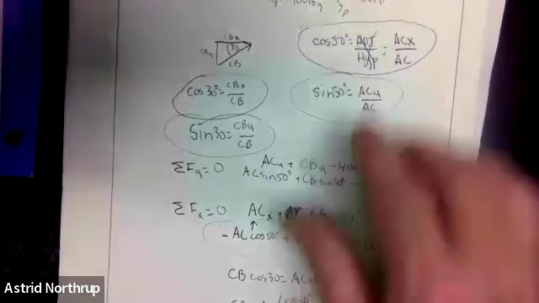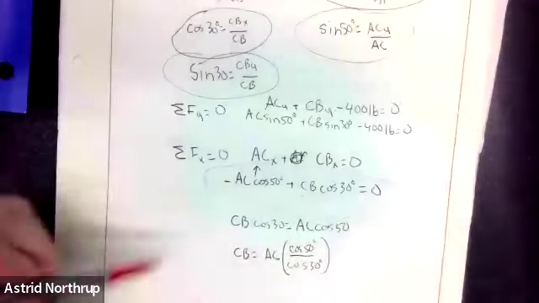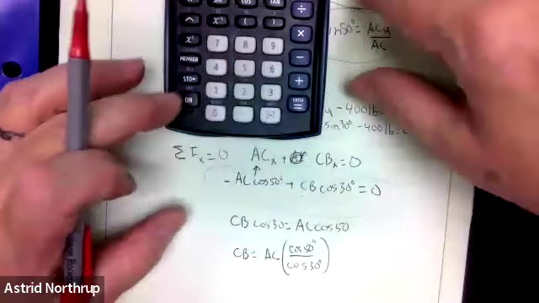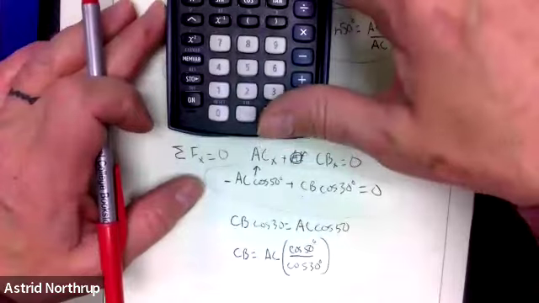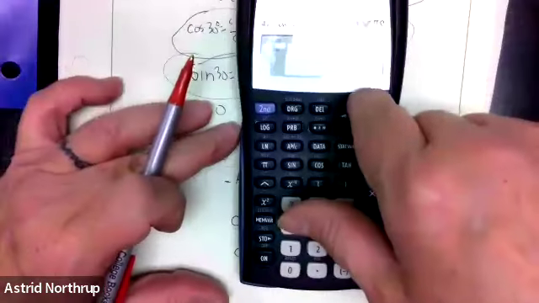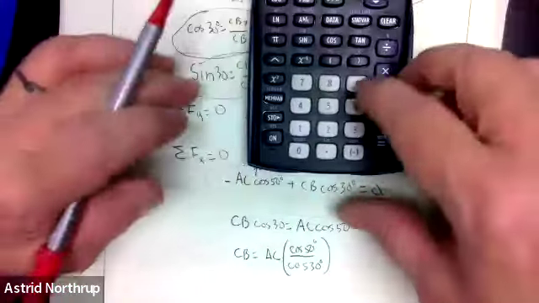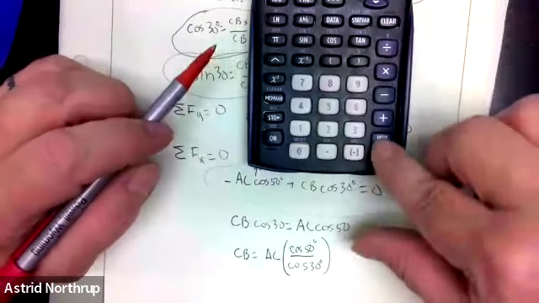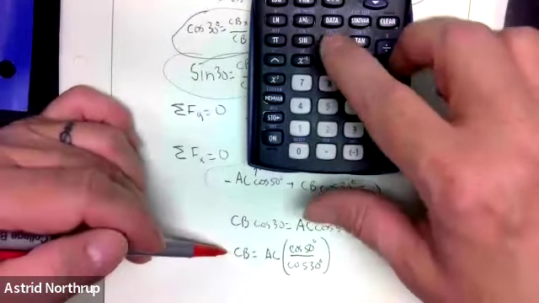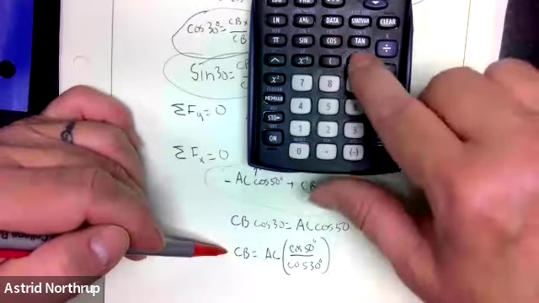I don't know what this value is, but I can find it pretty quickly. Turn on my calculator, make sure I'm in degrees, not radians. And I can say cosine of 50 divided by cosine of 30.